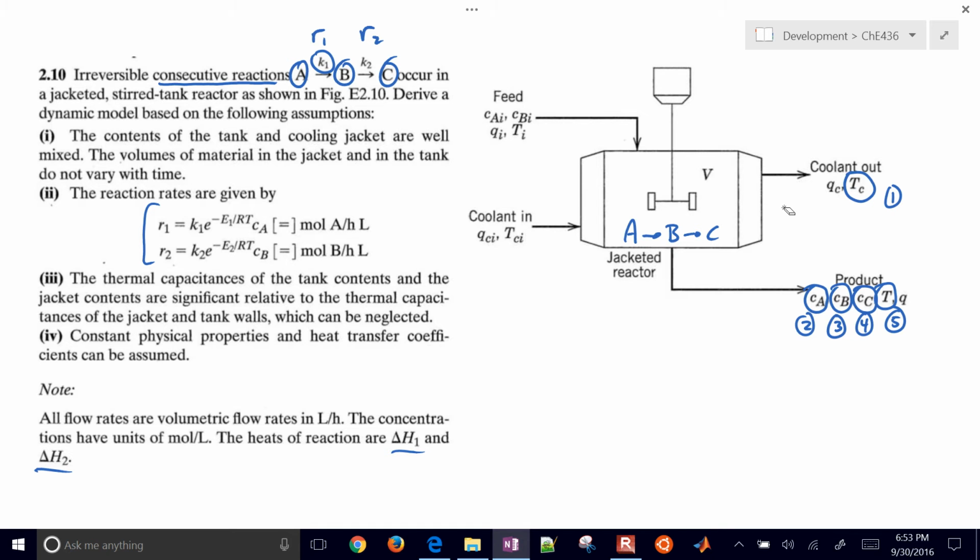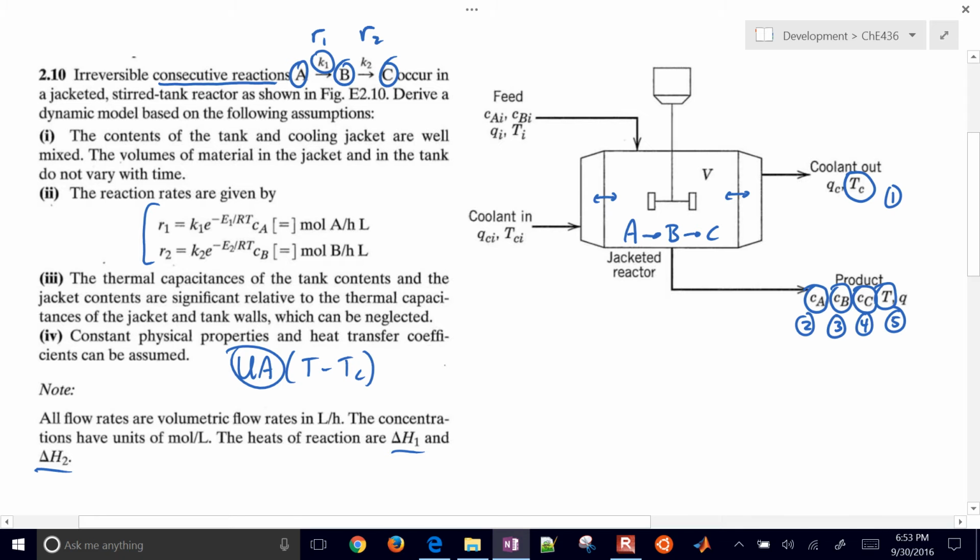We can also assume constant physical properties and heat transfer coefficients. So we could have an overall heat transfer coefficient that dictates the transfer of heat from the jacket into the reactor contents, and so that might be temperature minus temperature C, the cooling fluid. So it just says that that is going to be constant right there.